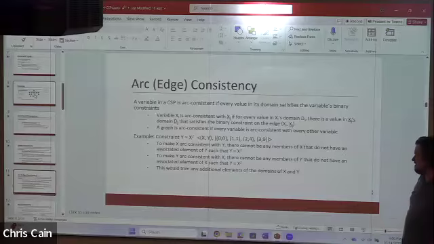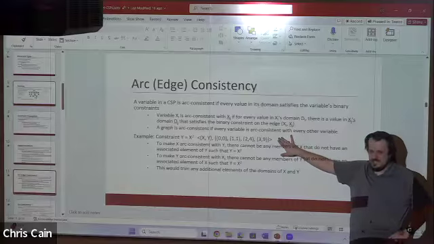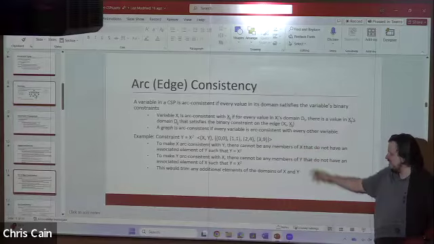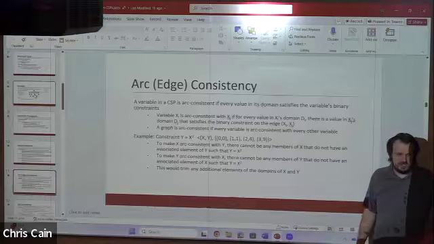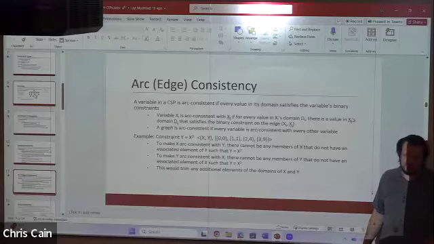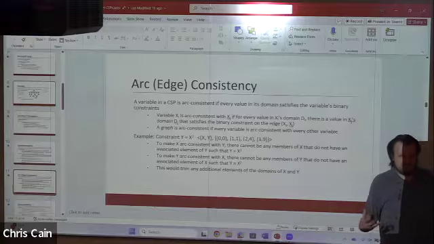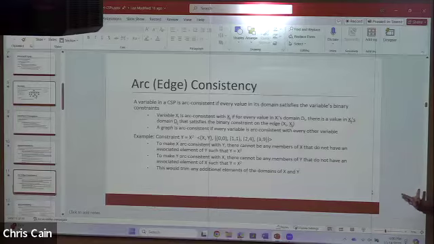To make them arc consistent, we can start to eliminate elements of the domain such that there is a value y such that there's no possible x squared, at least that's an integer. So we can eliminate it from the set of possibilities for y because there is no such x such that x squared equals y. That would be arc consistency.